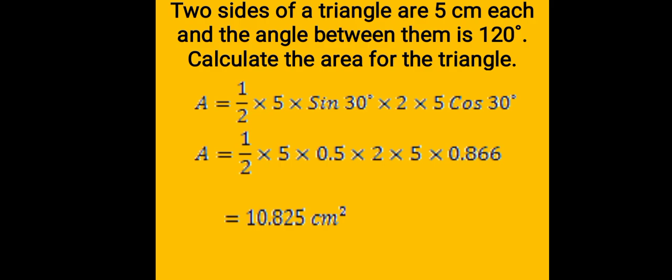Now, half the base is the same as 5 multiplied by sine 30 degrees, and the height is the same as 2 multiplied by 5 cos 30. So solving, we get that the area of the triangle is 10.825 centimeters squared.